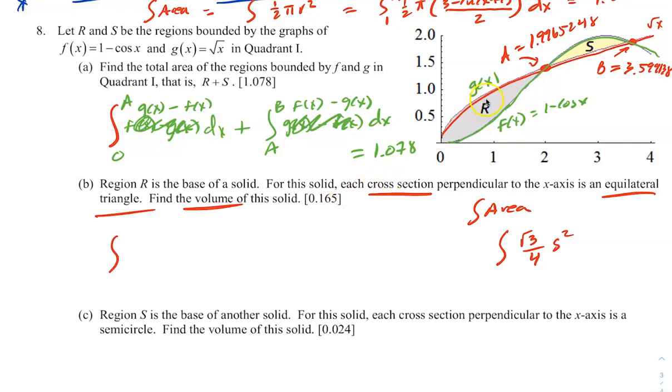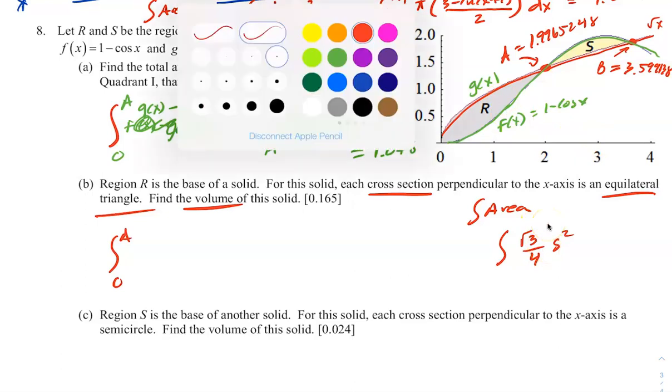So now, we need our limits. Well, we're just doing R here, so we're going to go from 0 to A. And then it's going to be top minus bottom. So as long as I don't mess it up this time, it should be G minus F. Sorry about that. That's not right. G minus F is our S here, right?